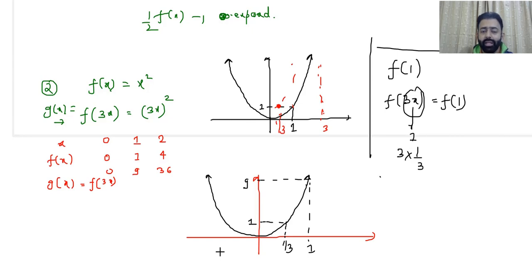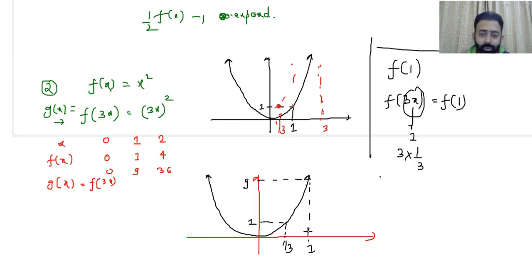Meaning, if it is compressed along the x-axis, it has been stretched along the y-axis. But again, we are not talking only with respect to the y-axis, because remember, we have not multiplied f(x) by 9. We have multiplied x by 3. So in the context of the input, we need to talk about it.